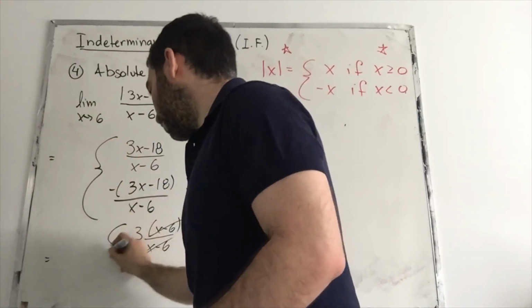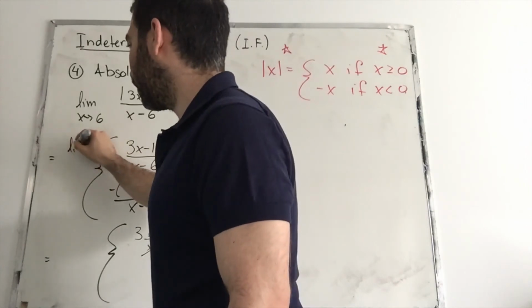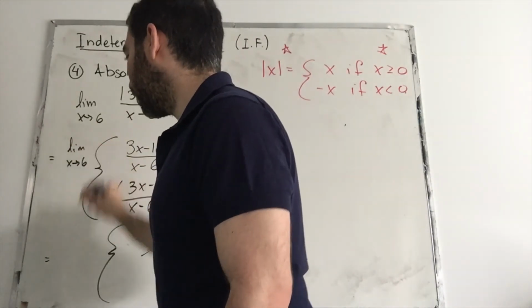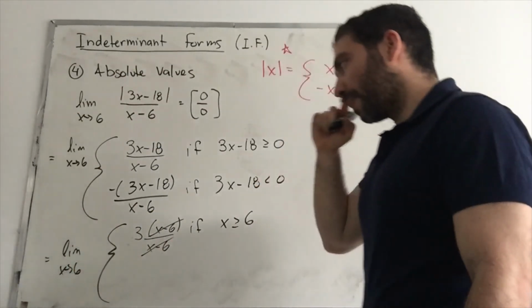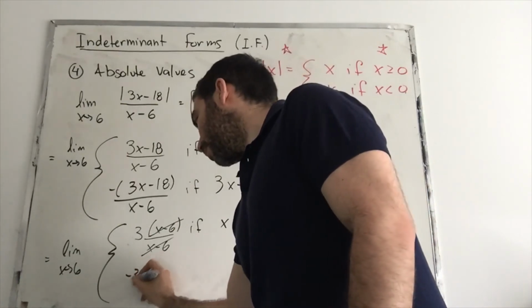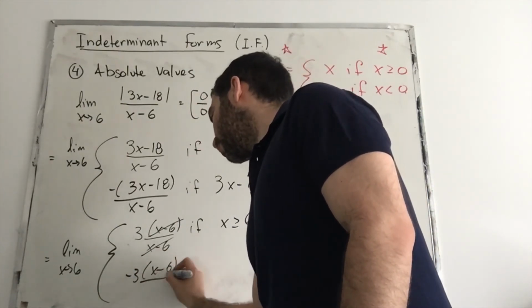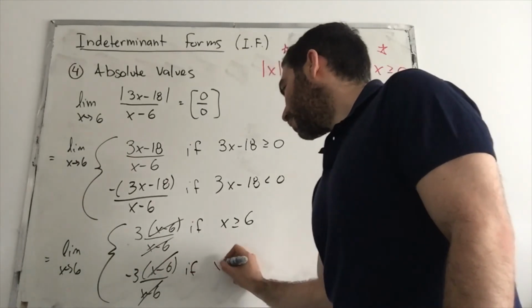All this holds, and we'll just sit the limit in the front. And we do the same thing on the bottom. We factor out a 3, so we're left with negative 3 on the bottom. We're left with x minus 6 on the numerator and x minus 6 on the denominator, which cancel if x is smaller than 6.